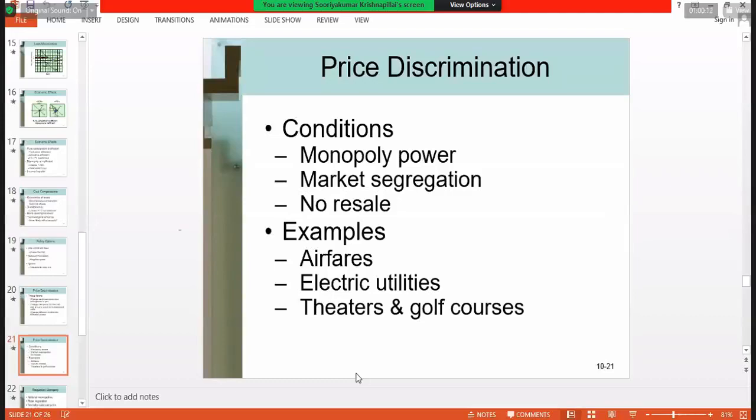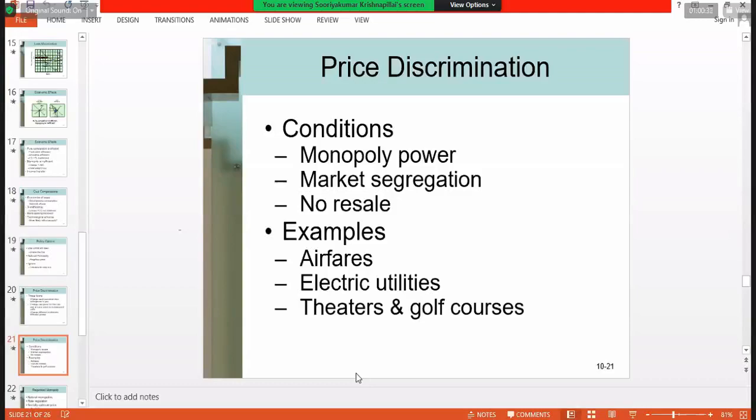If you can segregate the market into different groups, you can sell at different prices. And there should be no resale.